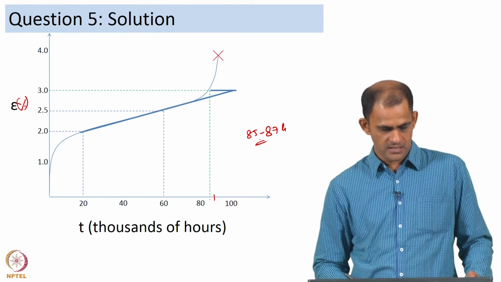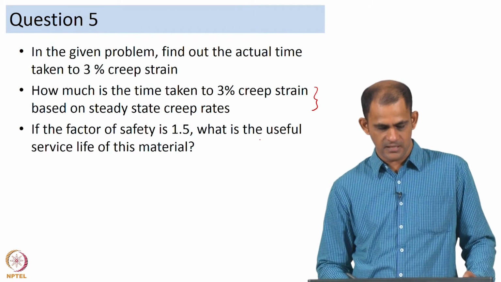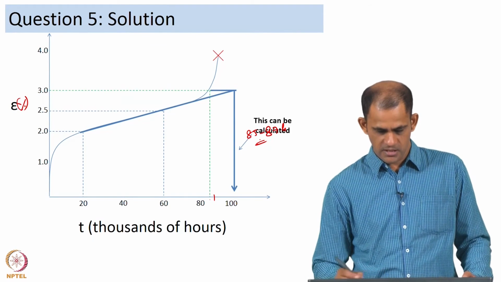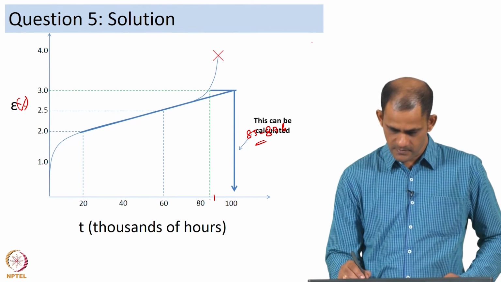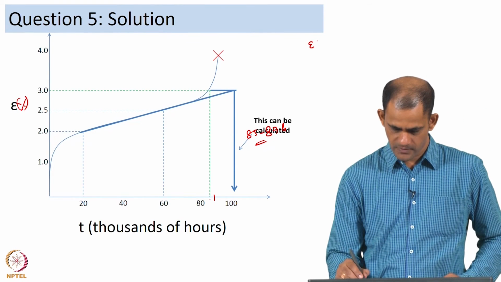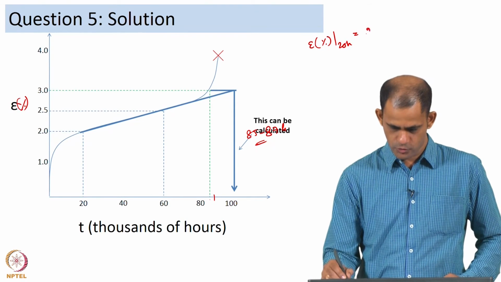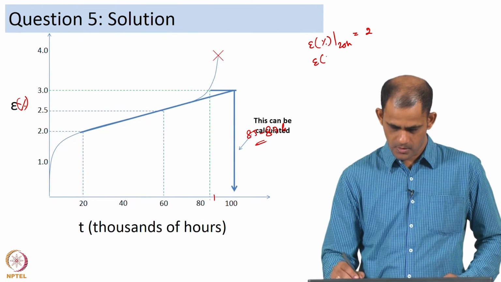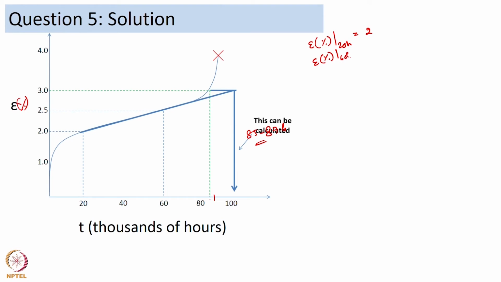Now, the second bit is how much is the time taken to 3% creep strain based on steady state creep rates. So, let us now try to find out the steady state creep rates. At 20 hours the plastic strain is 2, at 60 hours the plastic strain is 2.5.